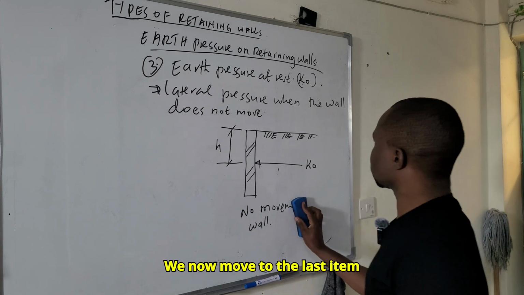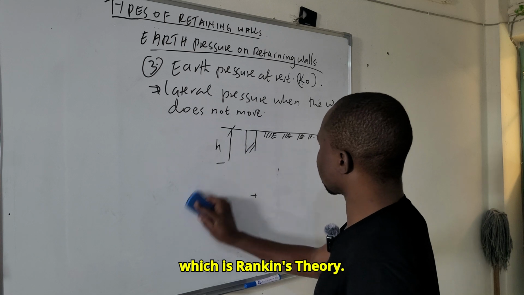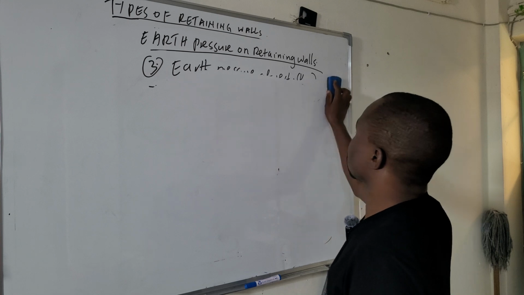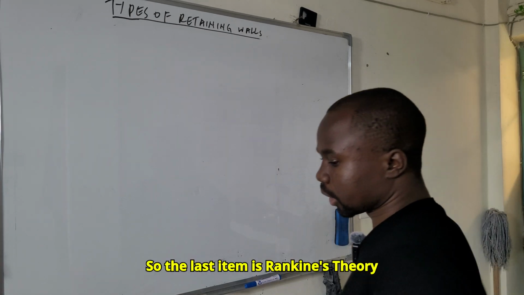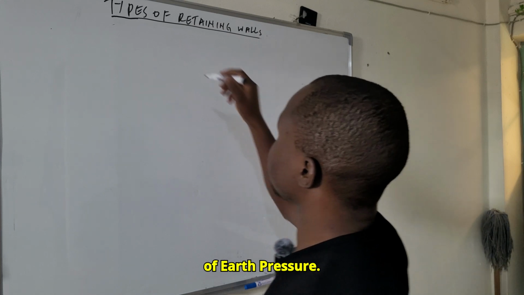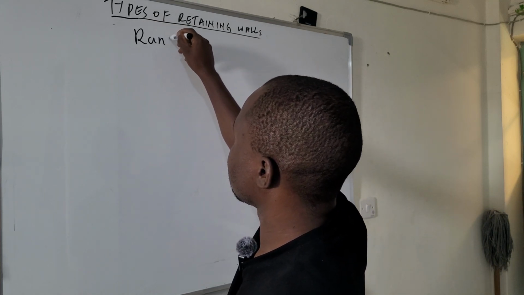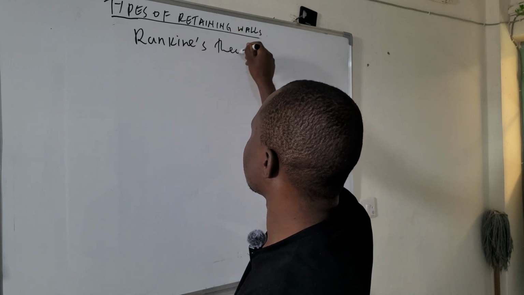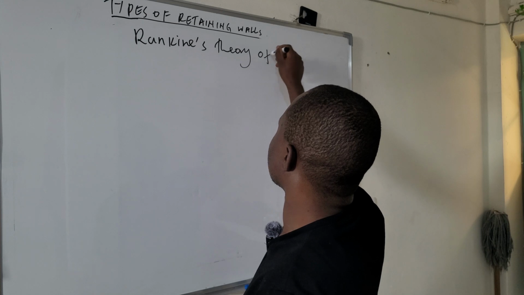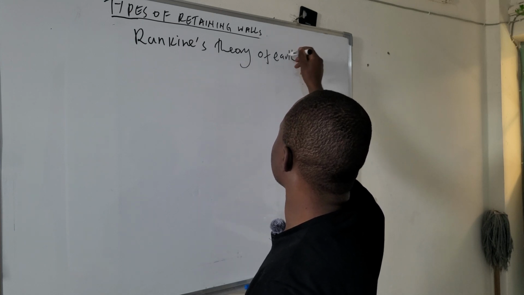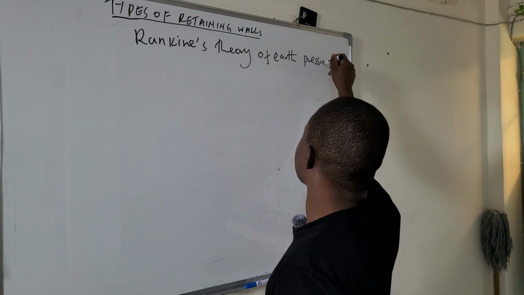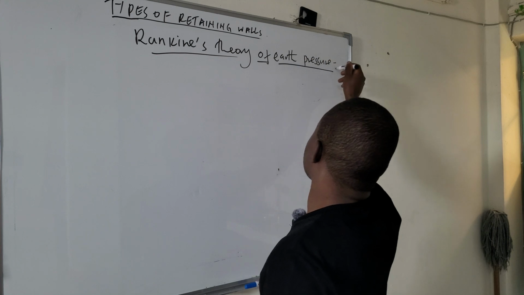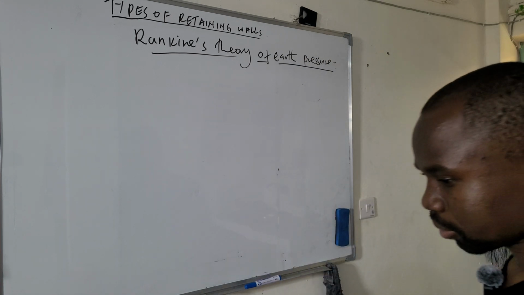We now move to the last item, which is Rankine's theory. So the last item is Rankine's theory of earth pressure. So what is Rankine's theory?